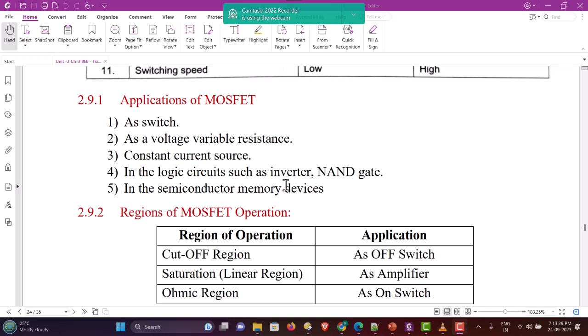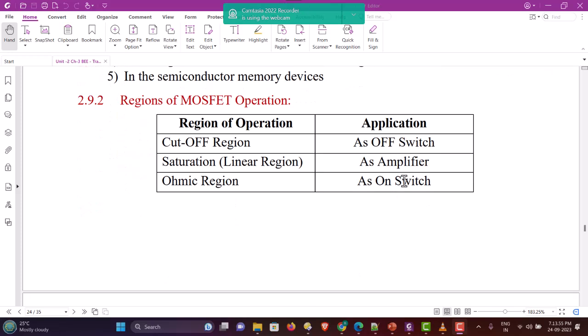In logic circuits, MOSFET can be used as an inverter or NAND gate, and most of the logic circuits and digital circuits nowadays use the MOSFET as the basic building block. In semiconductor memory devices, MOSFETs are quite popular because they have high packaging density. So larger memory sizes can be implemented with MOSFET only.